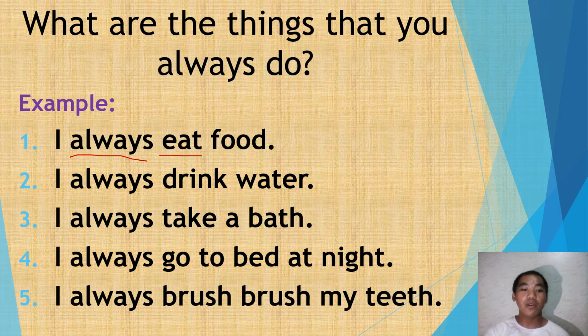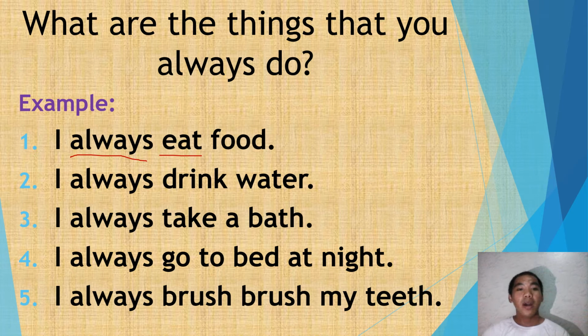So we need to use always, not usually. Because if you're going to use usually, it means you are not brushing your teeth three times a day. But if you're brushing your teeth once a day or once every other day, then you are going to use usually. But we're going to learn how to use usually in a sentence later on.